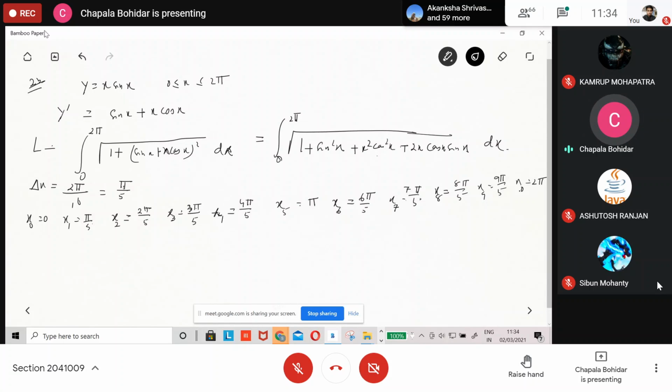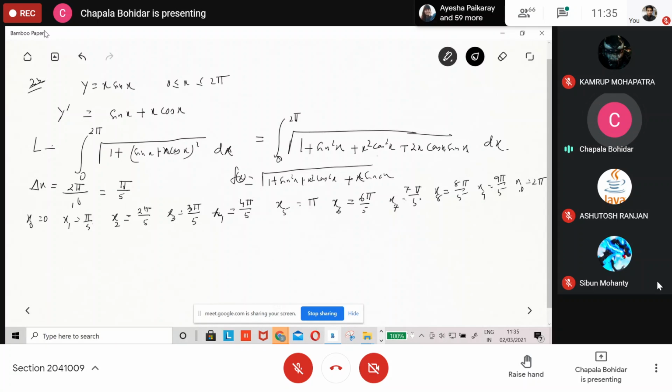Then with the help of your calculator, what is your functional value? Your f(x) is equal to the square root of 1 plus sin square x plus x square cos square x plus x sin 2x.